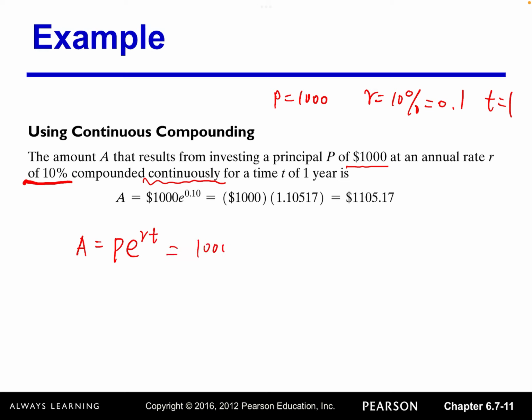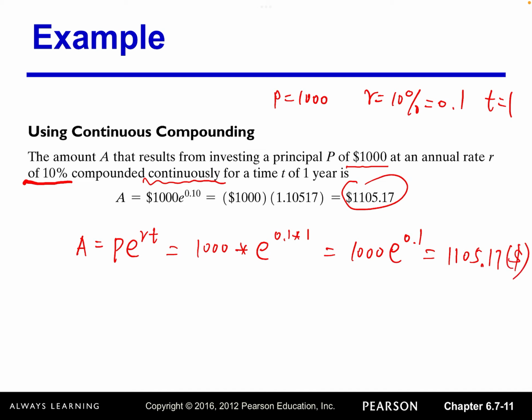We get 1,000 times e raised to the 0.1 times 1 power, which is still 0.1, so 1,000 times e to the 0.1 power. That's how we get the answer, $1,105.17. So this is the formula to calculate the balance if the interest is compounded continuously.